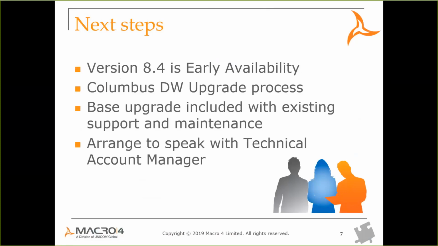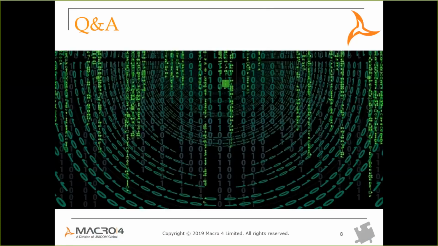The base upgrade is included within your existing support and maintenance package, which is good news. However, it is recommended that Macro4's professional services team carry out the upgrade if you're not an advanced user. To upgrade, please arrange to speak, as always, with your local technical account manager.